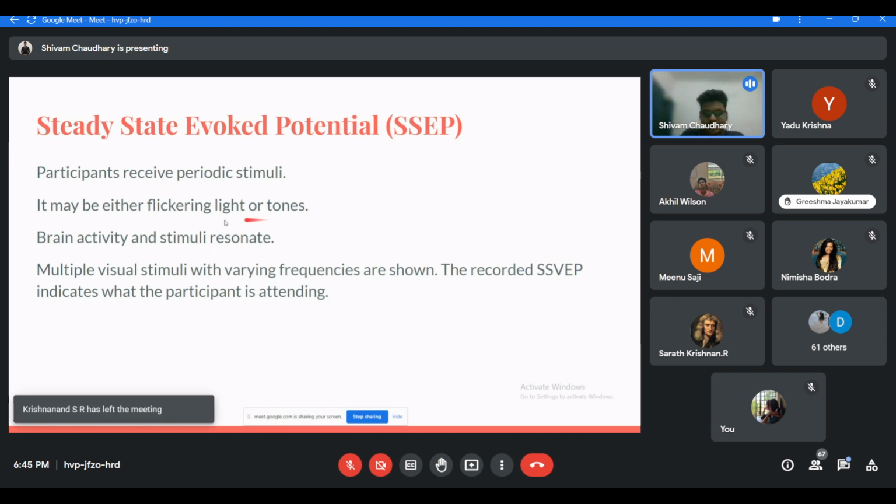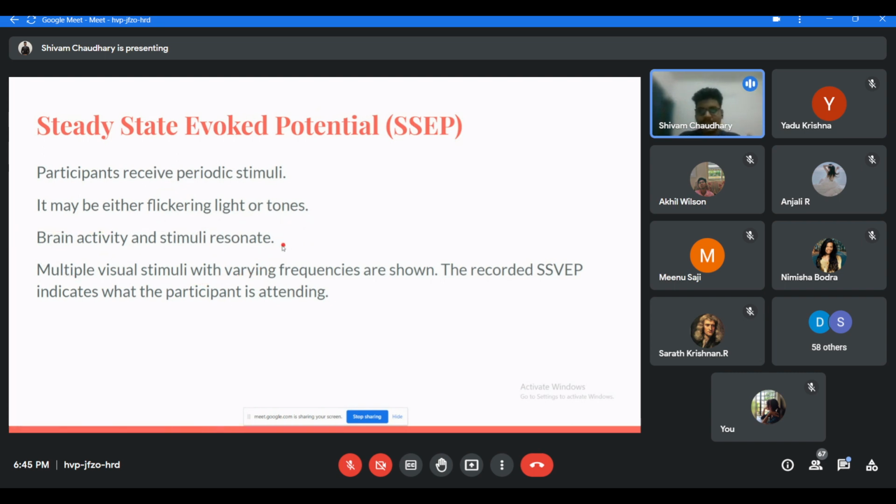When you present flickering lights or tones, the brain activity and the stimuli start resonating with each other. You must have learned in physics what resonance means. For anyone who has forgotten, resonance is when a system vibrates at a certain frequency, and another nearby system influenced by it will also start vibrating at that same frequency.